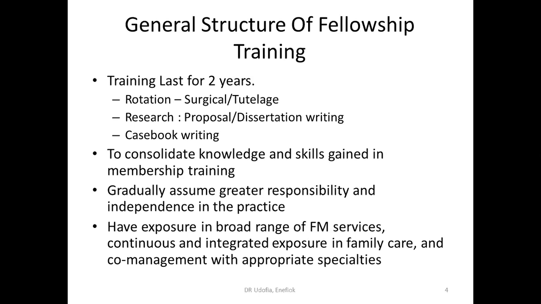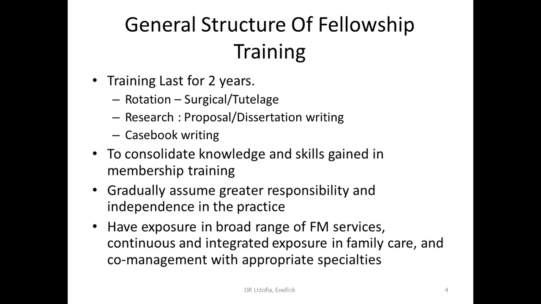This slide shows the outline we all know: rotation, research, casebook writing. The essence of this training is to consolidate what we have learned in membership and gradually take responsibility. Remember, you have to become a consultant, a trainer, a teacher, working independently and helping others.